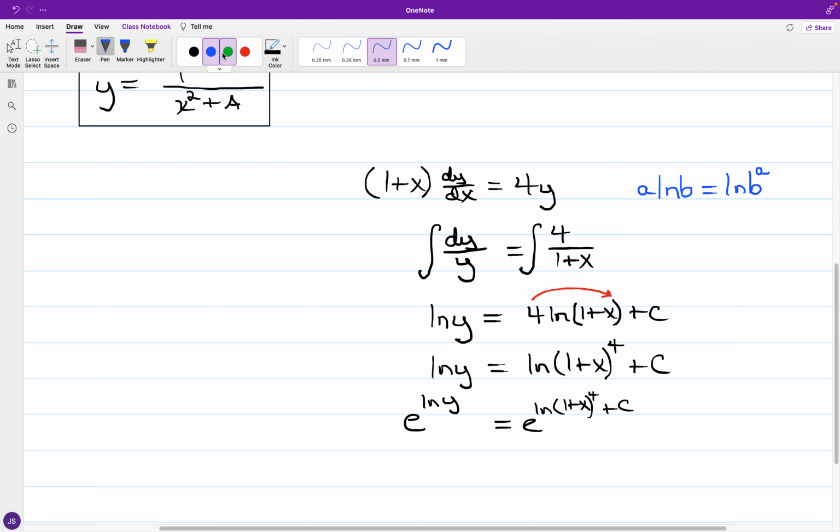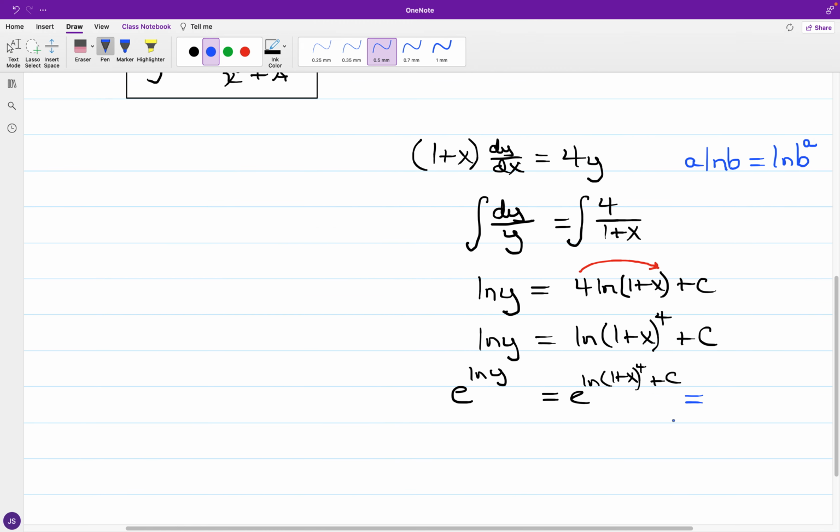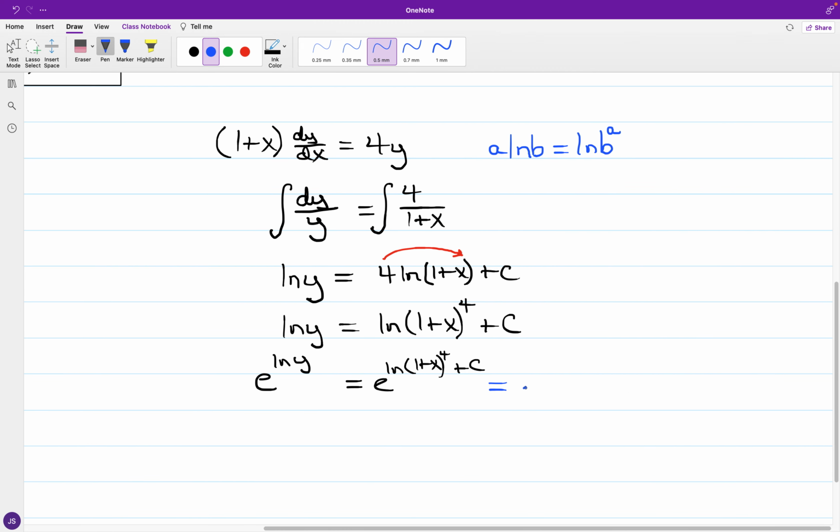And again, for what we have on the right hand side, you're going to have e to the natural logarithm of the quantity of 1 plus x to the 4th, times e to the c, and a constant raised to a constant we have as a.